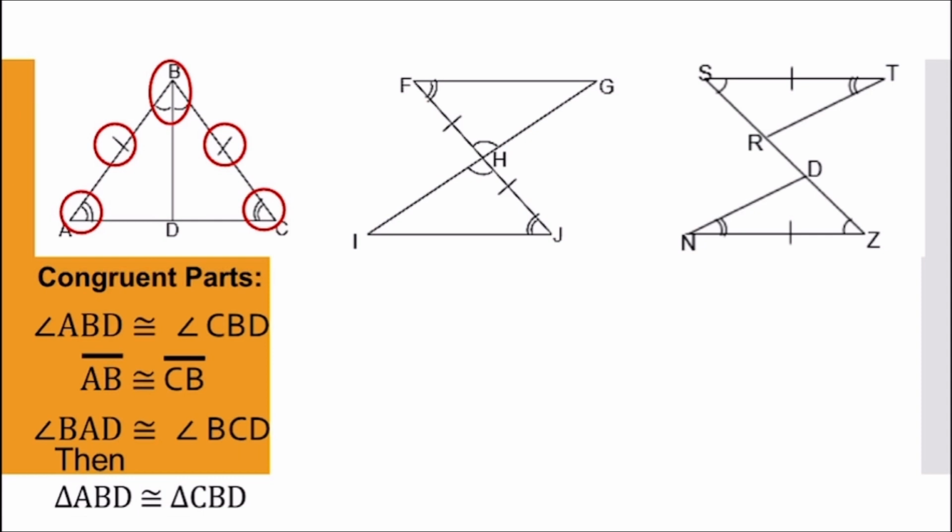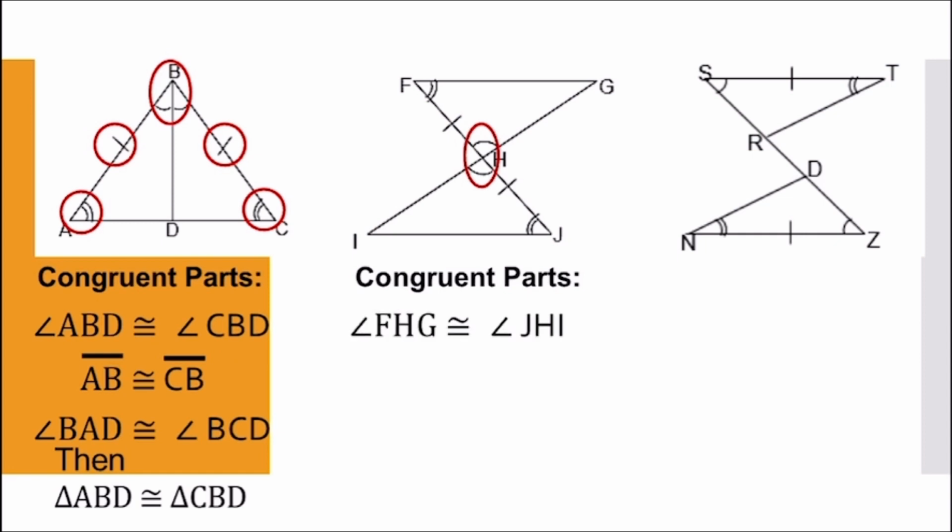For our second figure, let's identify the congruent parts. Angle FHG is congruent to angle JHI, which is our first pair of congruent angle.